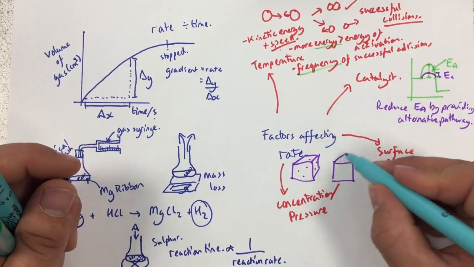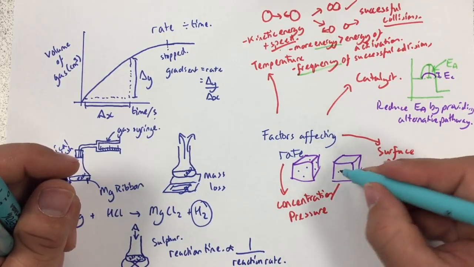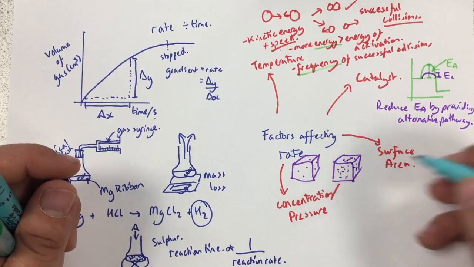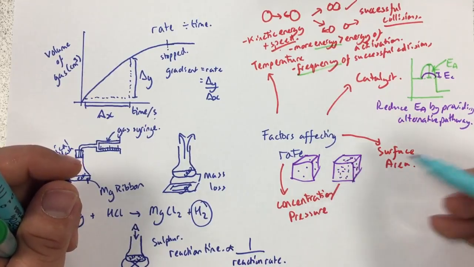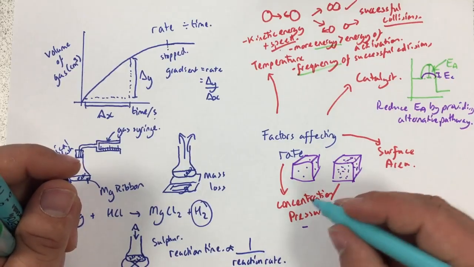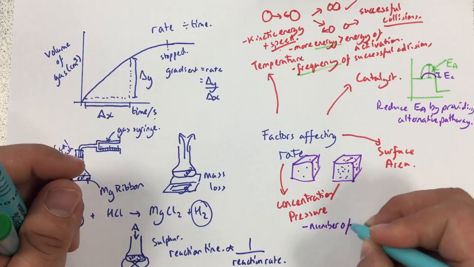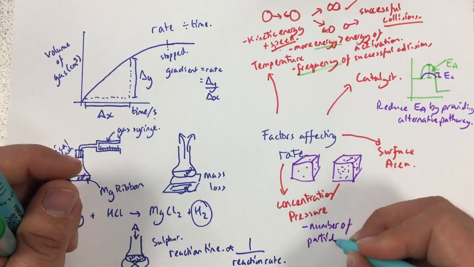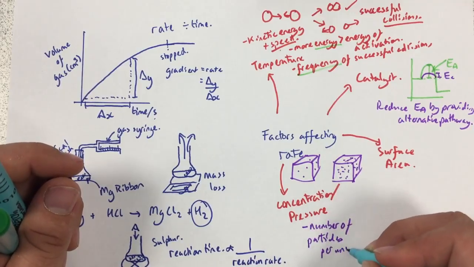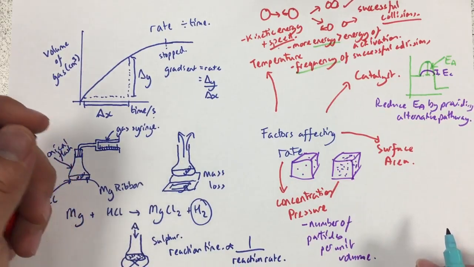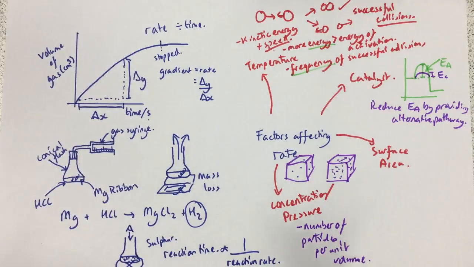Whereas if I have a high concentration or pressure, then I have a lot more particles in that same volume. So first you explain what concentration or pressure is, which is the number of particles per unit volume. How many particles you have for each centimetre cubed of space that you've got.